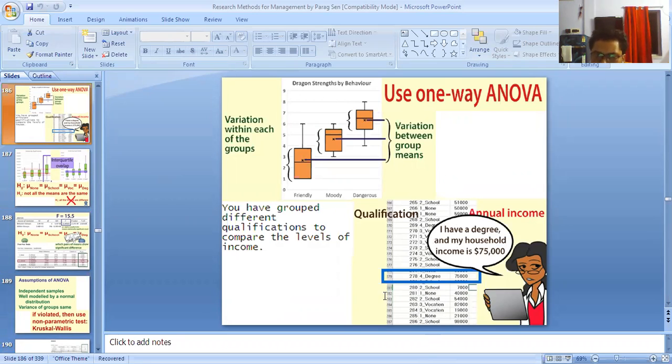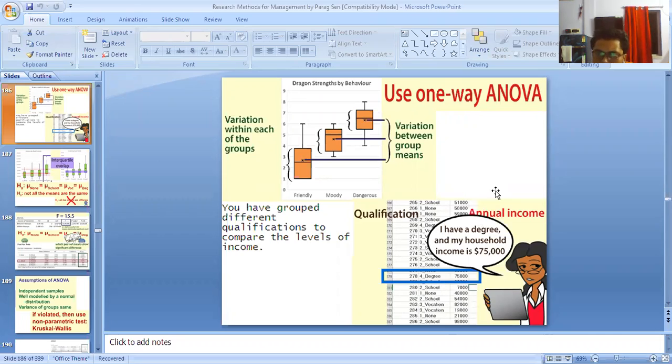We also saw their income level. So basically there was one dependent variable and one independent variable.